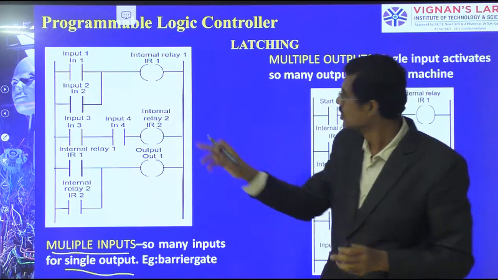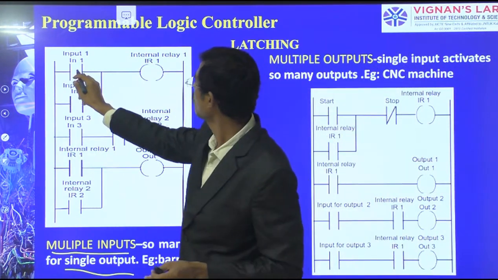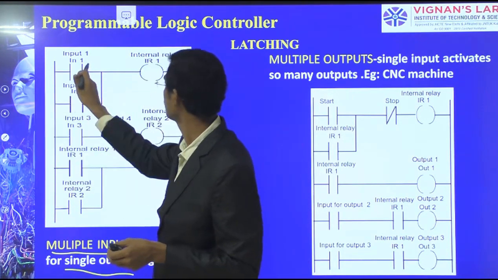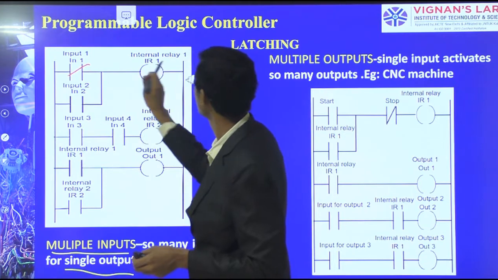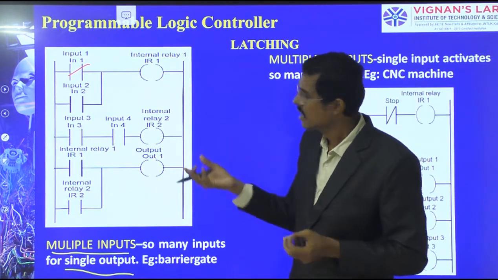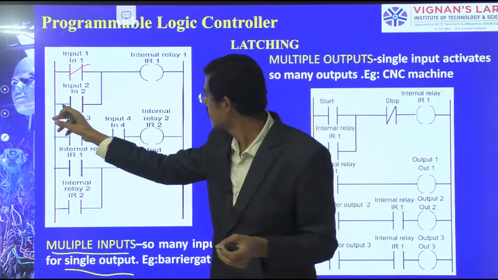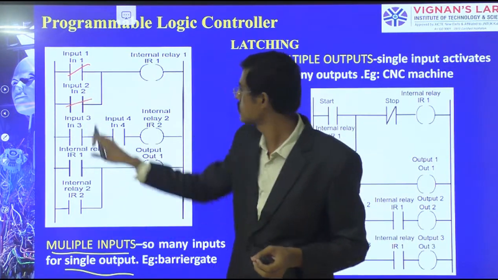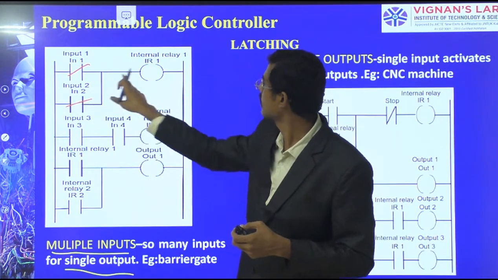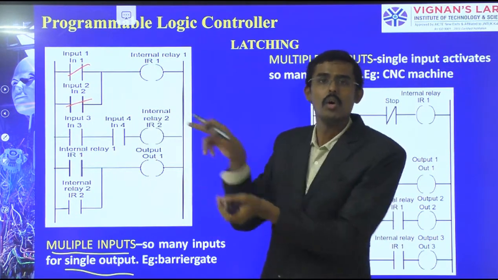That is one output. So how am I taking it? Input 1 has been detected, and therefore it may open. Like that we consider. If not, input 2 has come. These two are in OR functions, and when input 2 is coming, the gate can be opened.